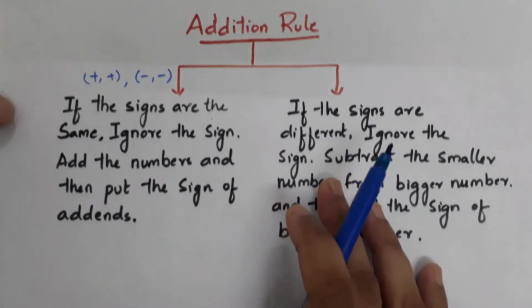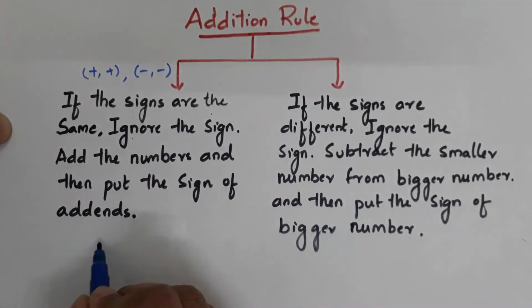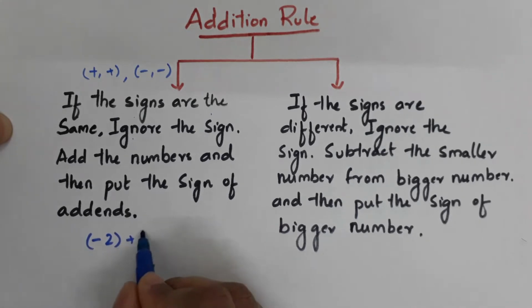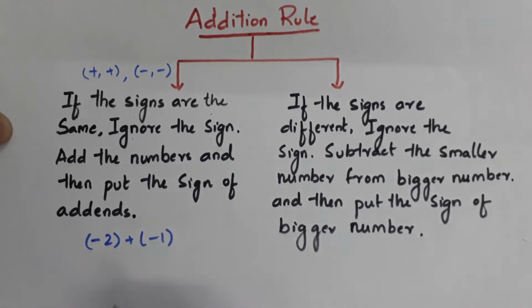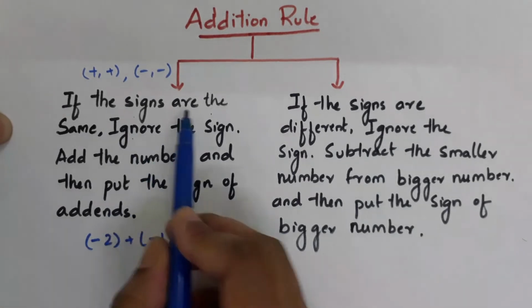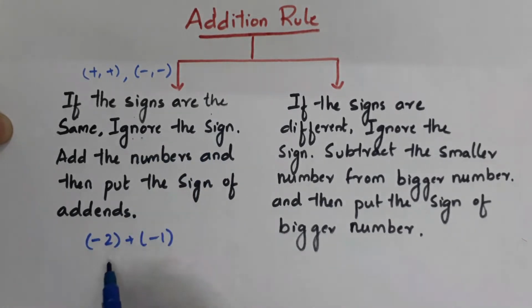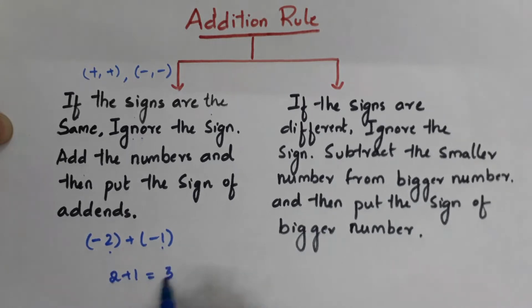For example, I have -2 plus -1. Here both my numbers are negative, which means both have the same sign. So I ignore the sign and then add the numbers, 2 plus 1, which gives me 3.